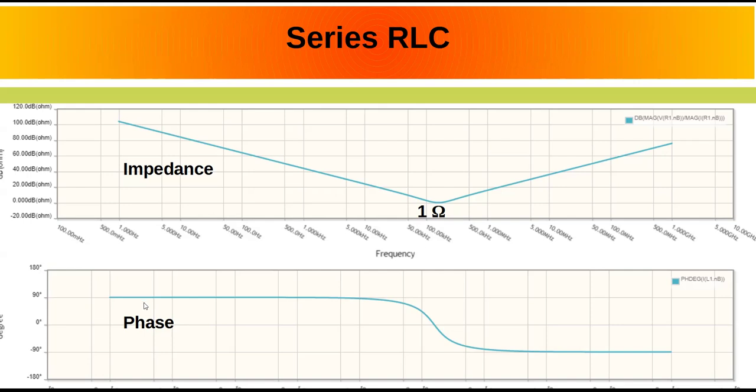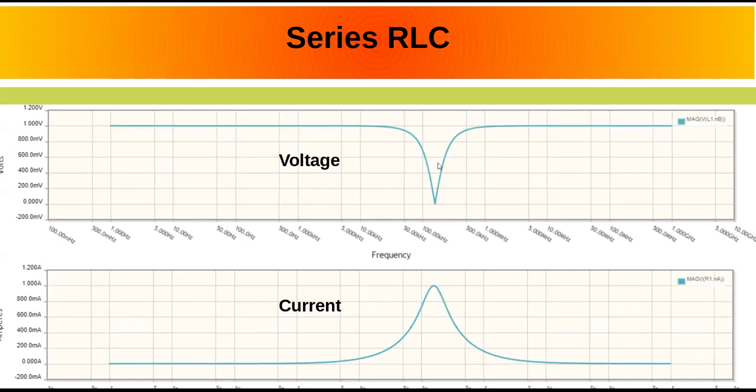Below is the phase, and you can see we have a phase shift, and at resonance, the phase is zero because it's purely resistive. There's no reactive inductance or capacitance. If we look at the voltage, because the impedance is dropping, the voltage goes to a null. The current goes to a maximum, limited by the resistance.